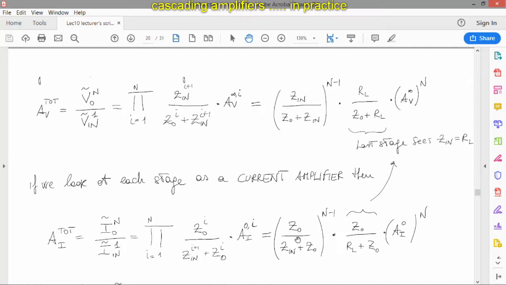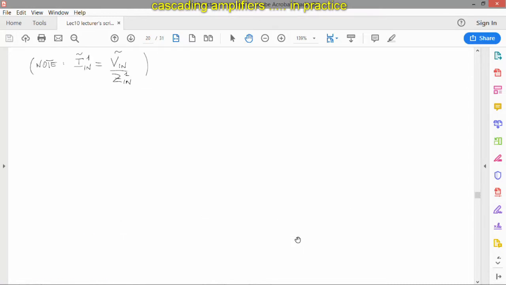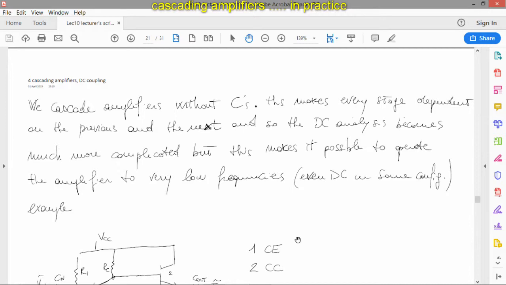It's important what value you choose for these capacitors, because they will have an impact on the overall frequency response of the total amplifier, the bandwidth, as we saw last week in the post-lecture video. Okay, so this was the simplest way of approaching cascading for us.